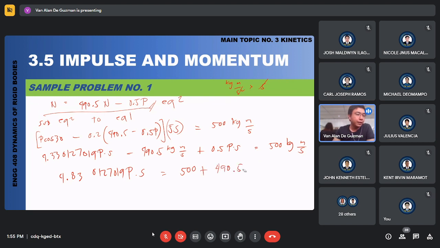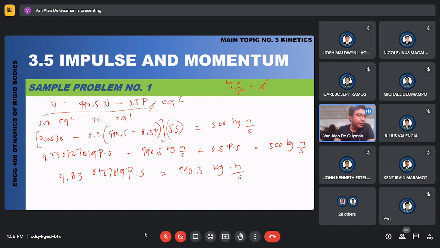Sorry. Let's simplify. So 500 plus 490.5, that is 990.5. The unit is kilogram meter per second. Okay? So what is left for us there?